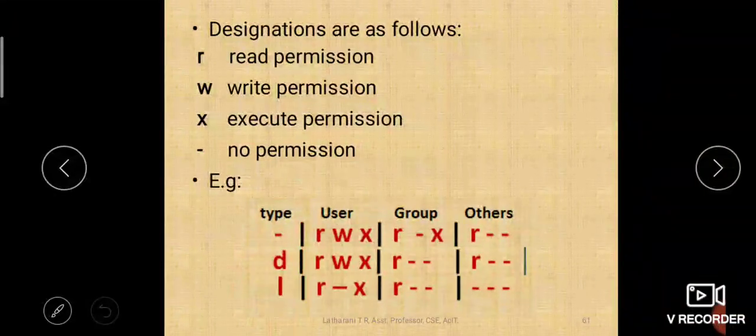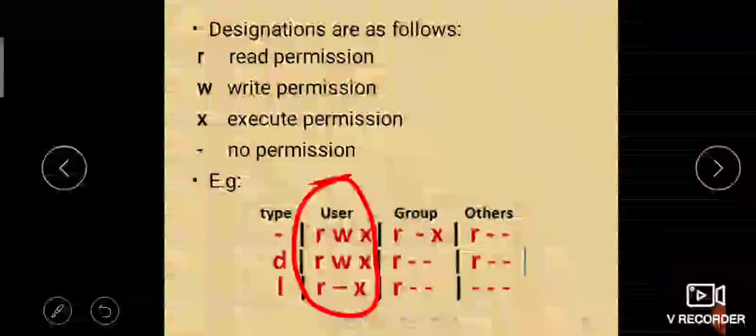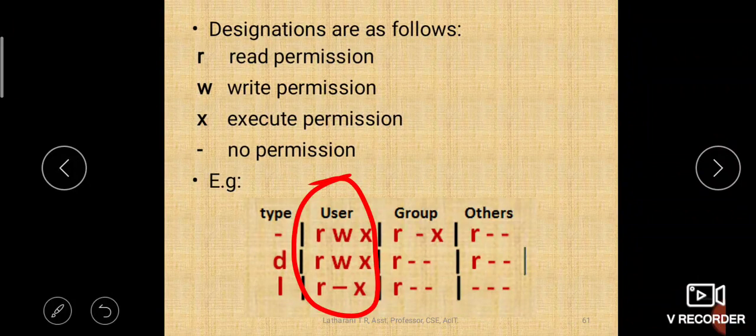Okay, then the next 3 characters in this 10 character set is the permission for users for the particular file. Suppose this first line is for the file f1, second is for f2, and third is for f3, let us say.